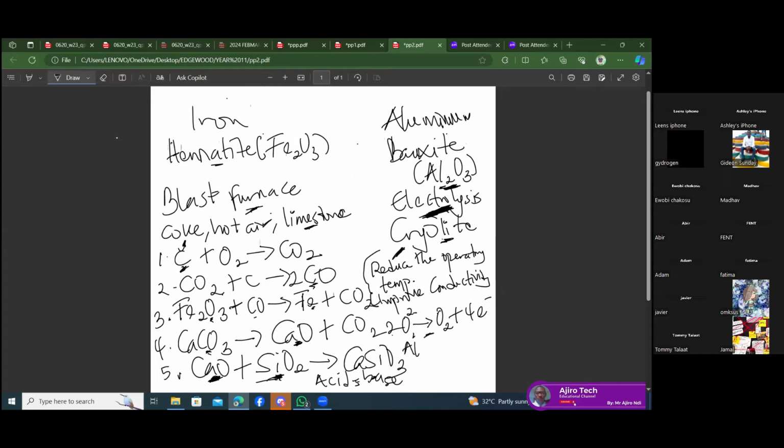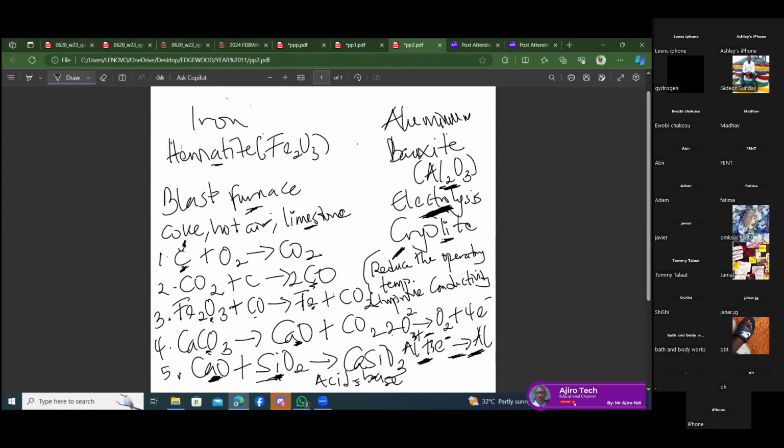And at the cathode, the aluminium ion receives electrons to form the aluminium metal. We balance this by putting a 3 here. So this is what is happening at the cathode. And the aluminium gotten is in the molten state. So it could be asked, why is it in the molten state?